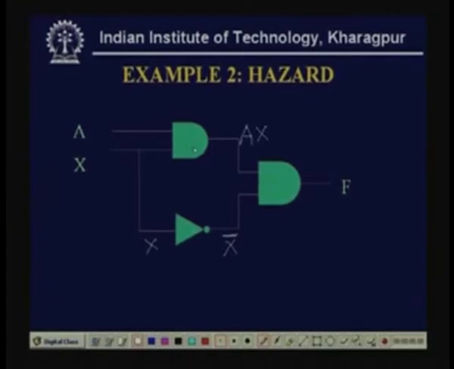So, if the two delays are the same, then at the same time this AX and the X complement are available and we will get the correct output F. So, there will be no hazard in the circuit.